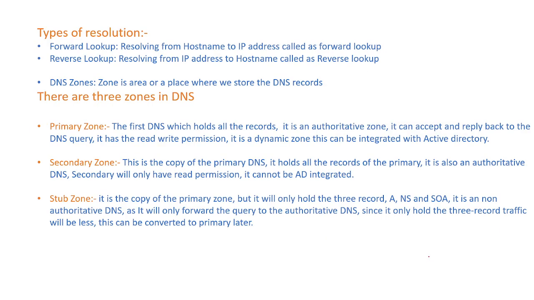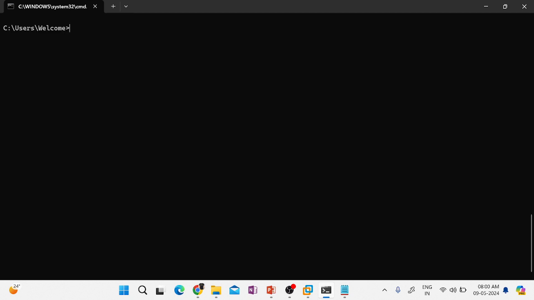Now there are two types of resolutions. One is forward lookup, another one is reverse lookup. So forward lookup means if you are trying to resolve name to IP address, say for example nslookup, you know the name of the computer, the name of the website is facebook.com, and you want to resolve that to the IP address.